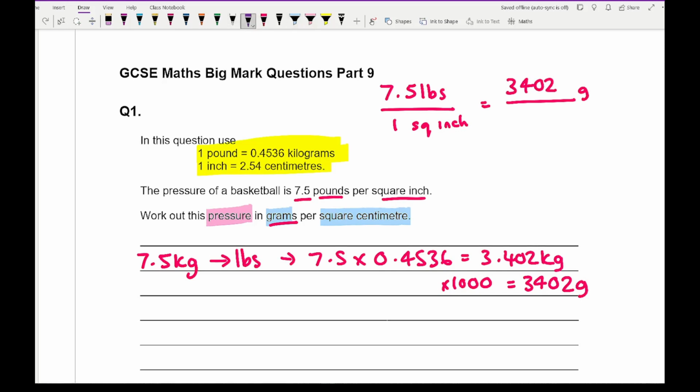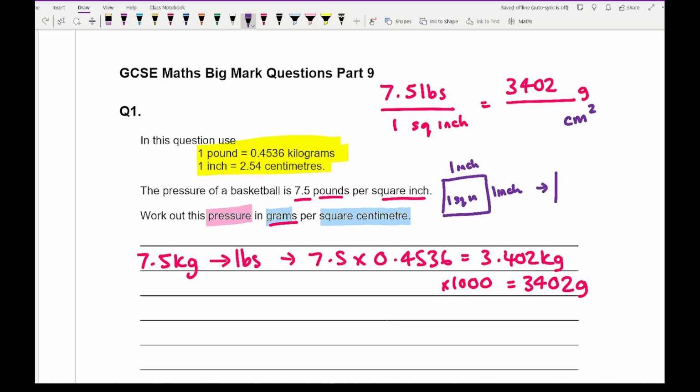Now for the next one, I then need to convert 1 square inch into centimeters squared. If you're struggling in terms of conversion and knowing what's what, well, if I draw 1 square inch by 1 square inch, then that's going to be 1 square inch.